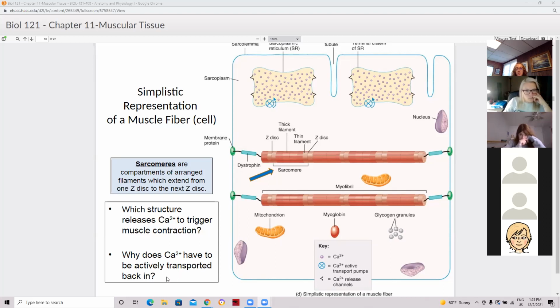Why does calcium have to be actively transported back in? Why does anything have to be actively transported? Is it because they're going through channels? We have gated channels and facilitated diffusion, which isn't active transport, but it requires channels. What else?